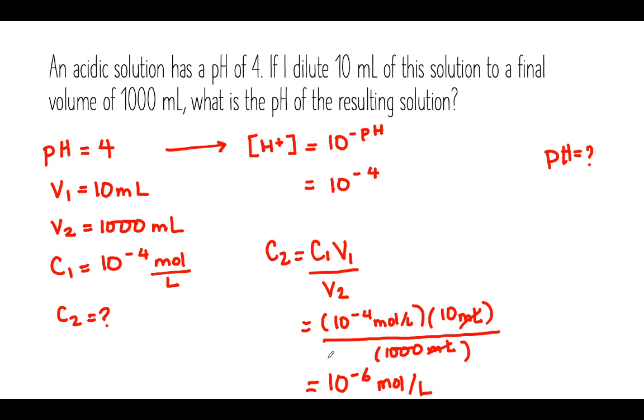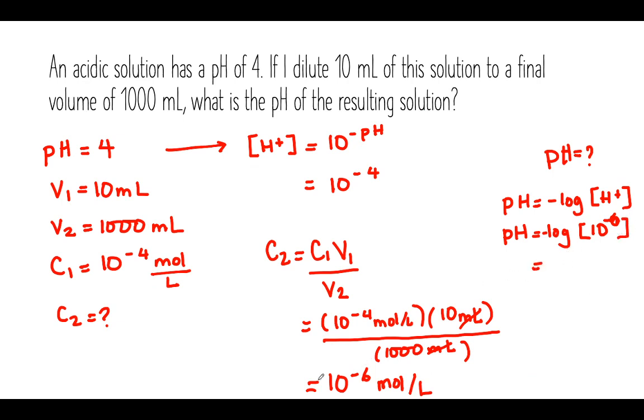Okay, so I have this answer as 10 to the power of negative 6 moles per liter. How do I go from the concentration of this to the pH? Remember that pH is equal to the negative log of the concentration of H+. So pH is equal to negative log of the concentration of H+ ions, which in this case is 10 to the power of negative 6.